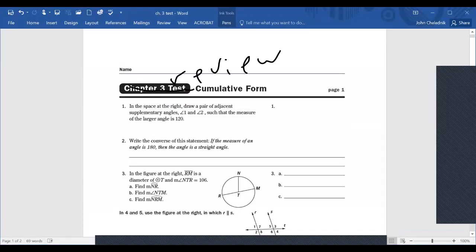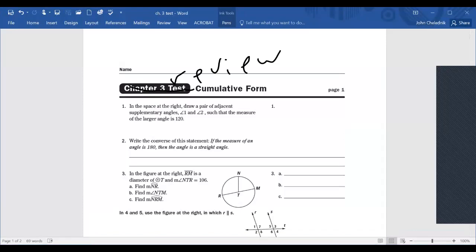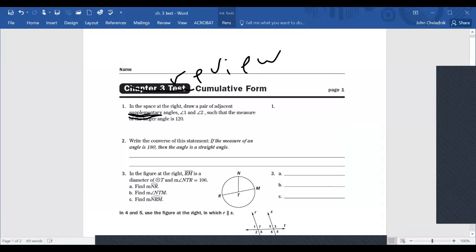All right, number one, it says in the space at right, draw a pair of adjacent supplementary angles, angle 1 and angle 2, such that the measure of the larger angle is 120. Well, you don't need a protractor for this. We're just going to label it as 120.